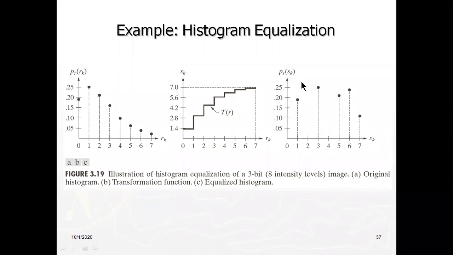So really speaking, if you see over here, 1 takes this value, 3 takes this value, and 5 takes this value. So we have this distribution almost uniform. So equalization is done over here.